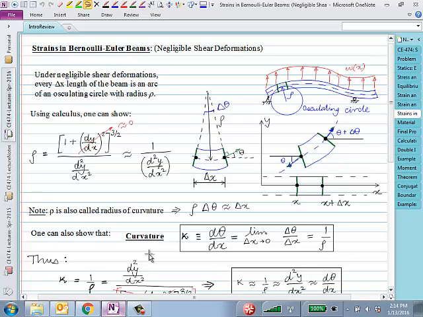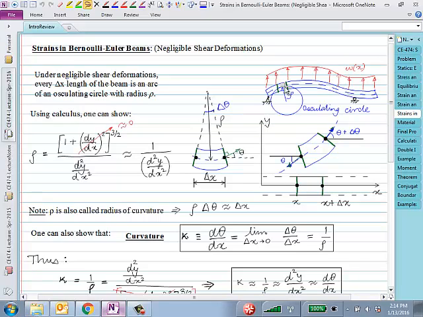Under those circumstances, you can easily fit the center line of the beam as a part of the circumference of what is called the osculating circle. If you go along the length of the beam, it might be a different osculating circle at different points. If I have a lot of bending, the size of the osculating circle would be very small, right?